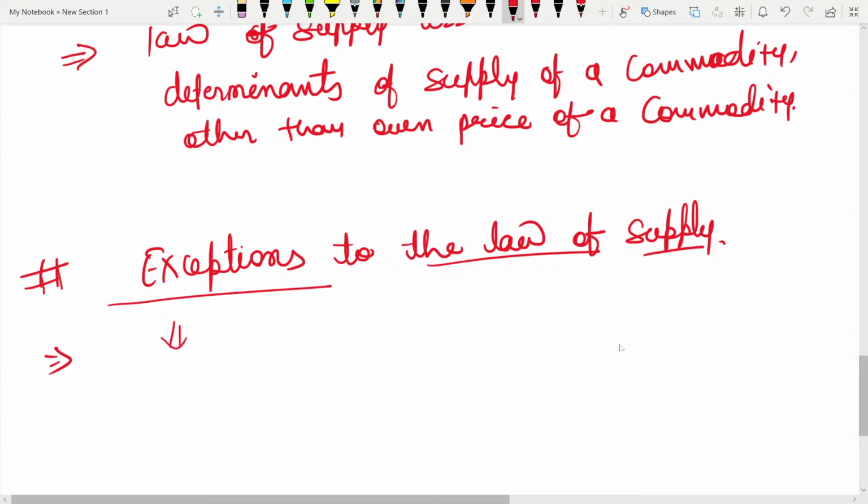Let's suppose that the positive relationship of price and quantity supplied does not hold, then we can say there are some exceptions to the law of supply.